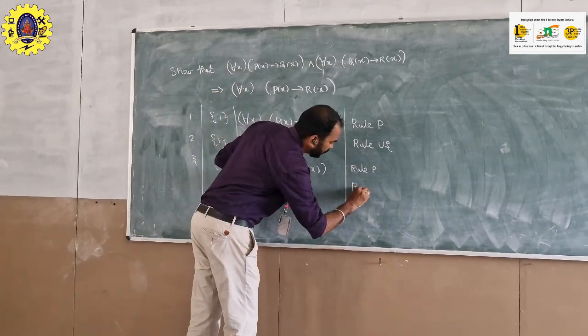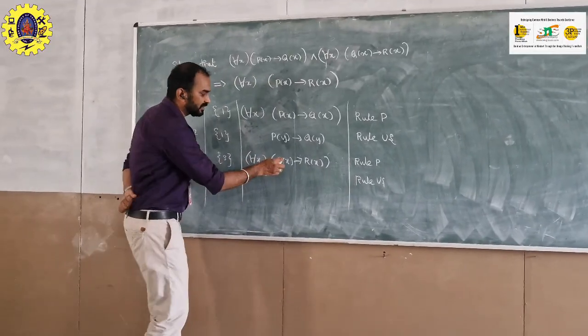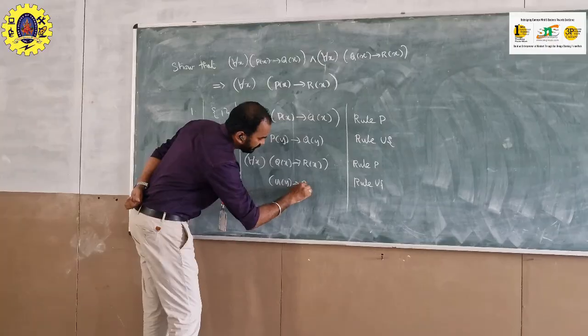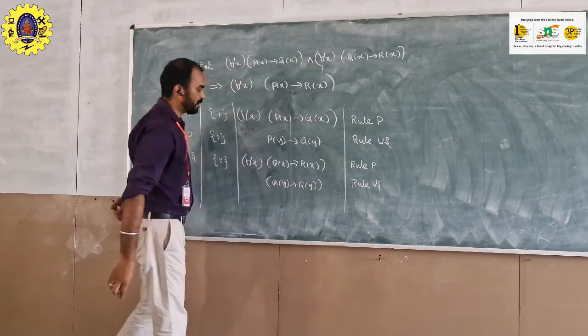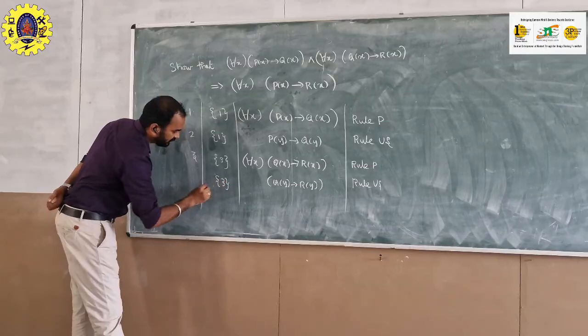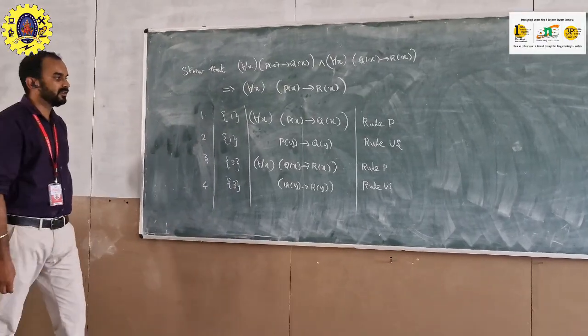By using rule US, we can cancel the for all x, so this can be written as Q(y) → R(y). This premise also comes from step 3. This is step number 4.